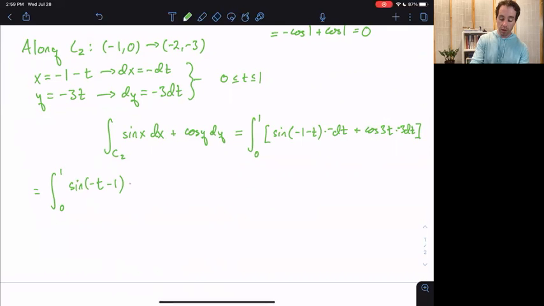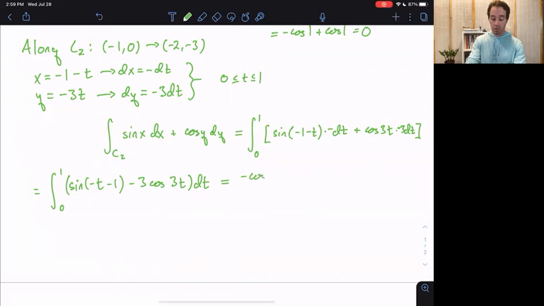So I should be writing it that way, minus 3 cosine of 3t dt. Integral of sine is negative cosine. So this will be negative cosine of negative t minus 1. But the minus sign on the inside here means that we would have multiplied by negative 1 in the derivative according to the chain rule. So that means that this minus sign is bye-bye.